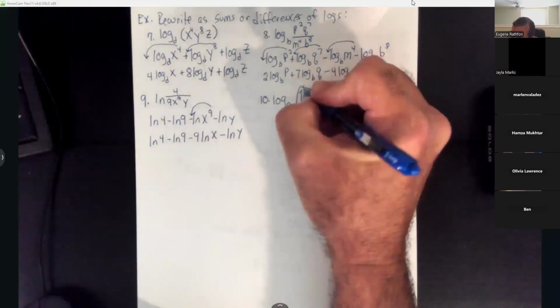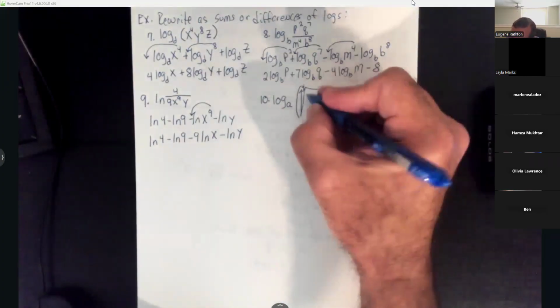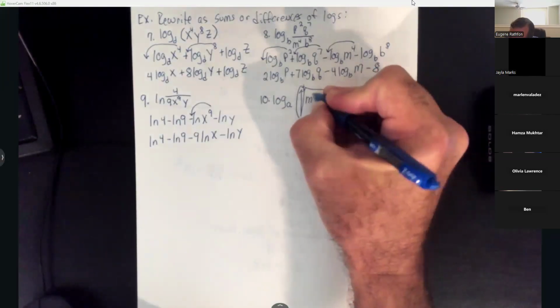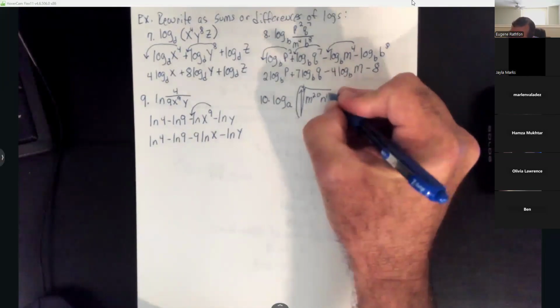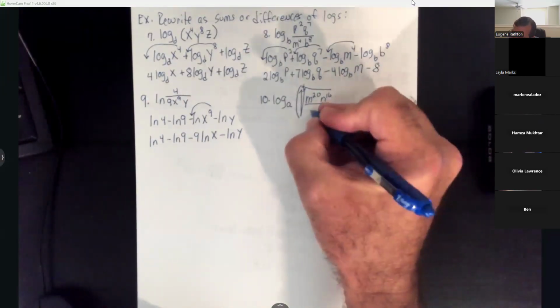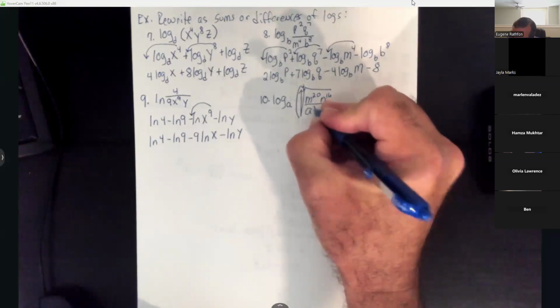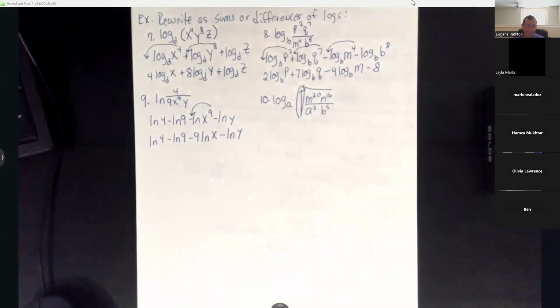And this radical has an index of 4. So under here, I got M to the 20th, N to the 16th over A cubed and B to the 5th.